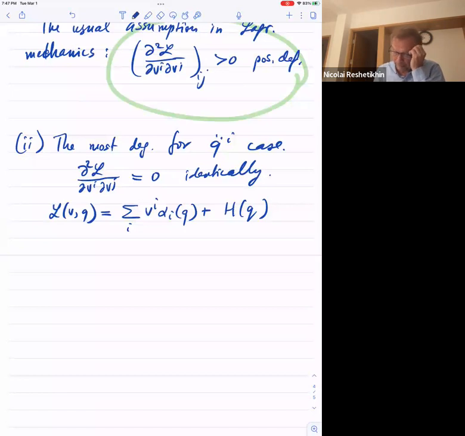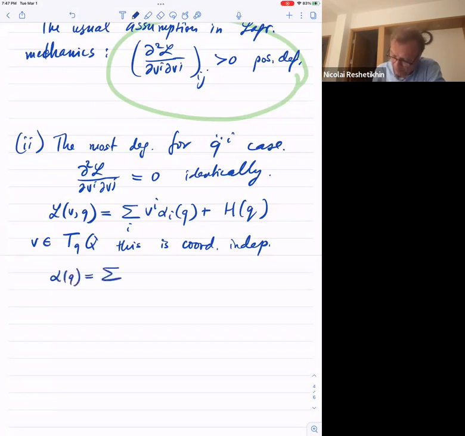So of course, alpha i, you remember that v is a tangent vector. In order to have the Lagrangian be coordinate independent, in other words, if you go to the next coordinate chart, it will transform to kind of the same expression.